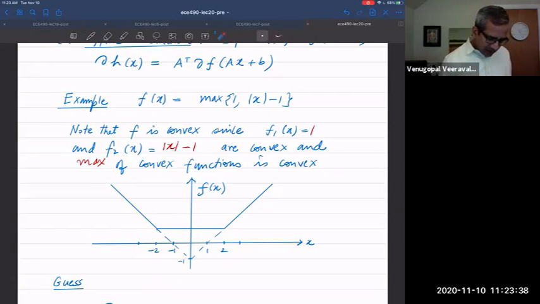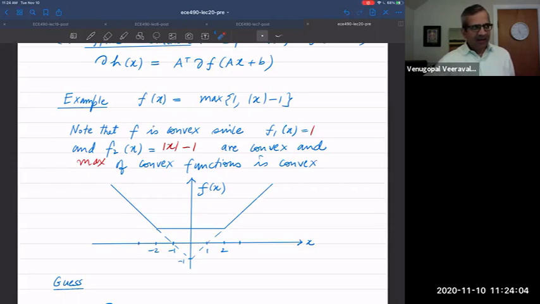So we have this function that looks like this. Okay, so from -2 to 2, it's this flat version, and beyond 2, it has a slope of 1, and before -2, the slope of -1. Okay, so the way you typically find subgradients is to essentially guess it first.